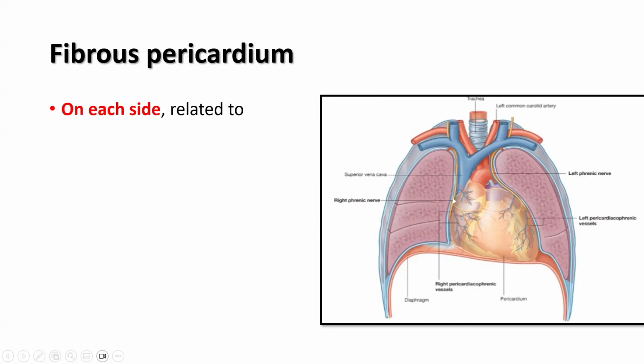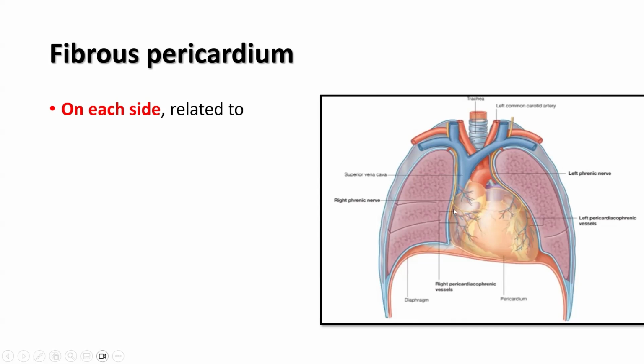The nerve is the phrenic nerve. We can see this is the right phrenic nerve. This is the left phrenic nerve. And blood vessel is the pericardiophrenic blood vessel. Here is the right pericardiophrenic blood vessel. These are the left pericardiophrenic blood vessels.